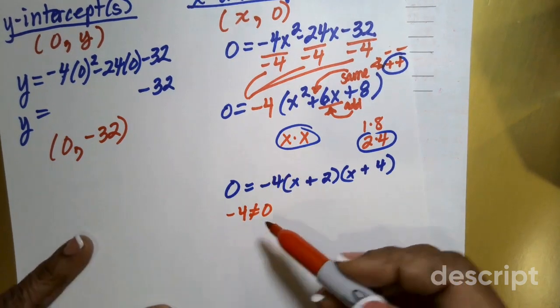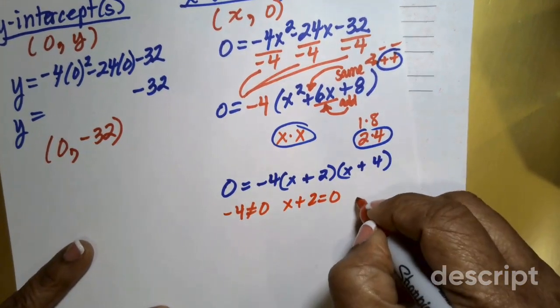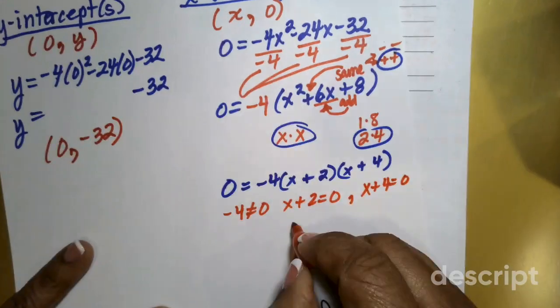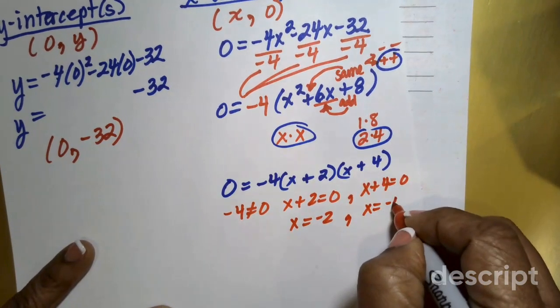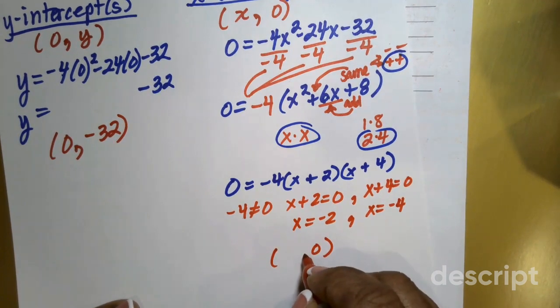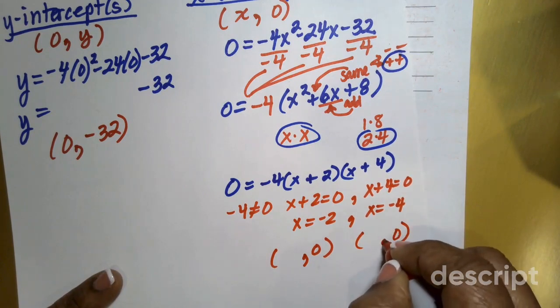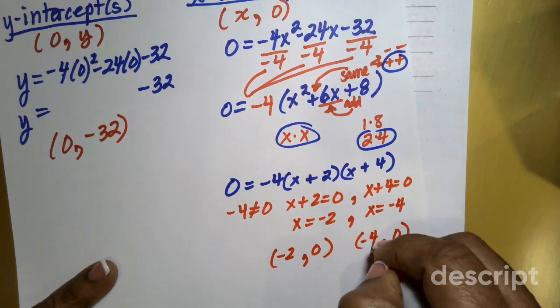I see that it's not equal to 0. I set the other factors equal to 0 and solve for x. I get x is -2 or x is -4. So I plugged in y as 0 and I found the corresponding x values, -2 and -4.